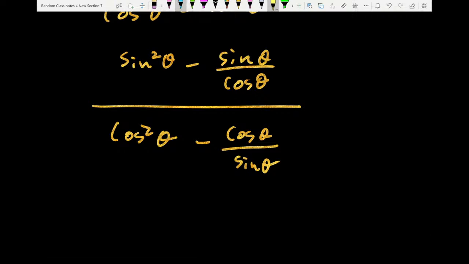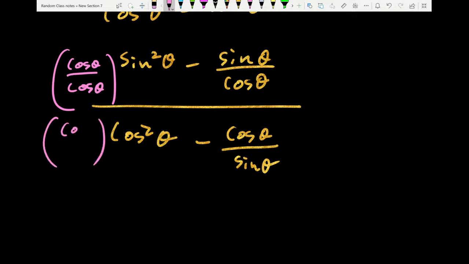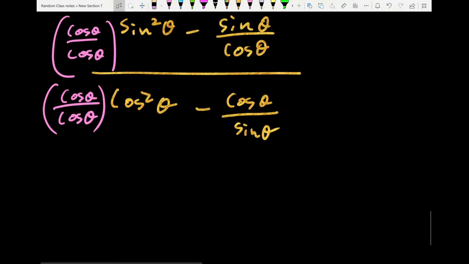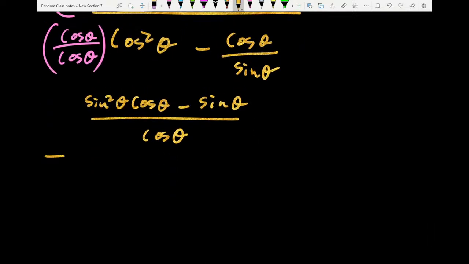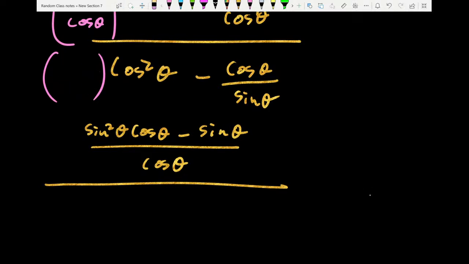Now I have to do common denominator. Cosine of theta over cosine of theta. Let's look at it. What does it become? Sine square of theta, cosine of theta minus sine of theta over cosine of theta, divided by, oh, sorry, this is sine.